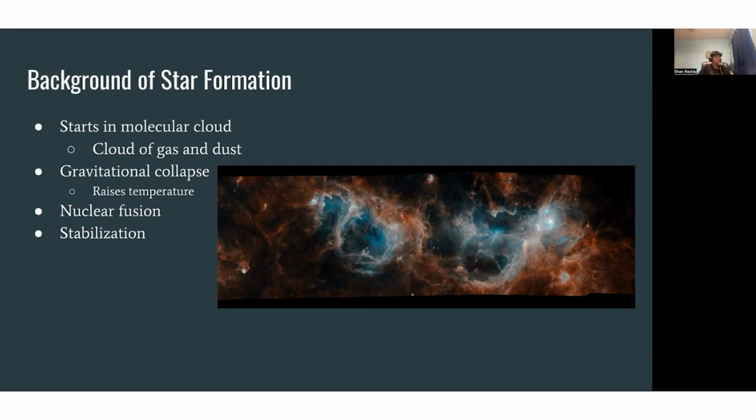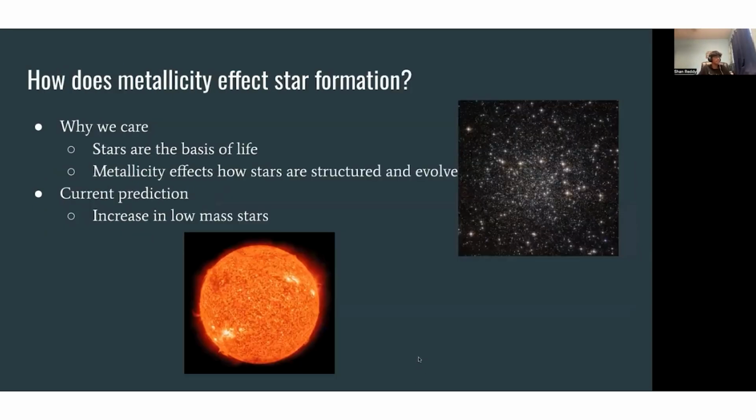In these dense regions, a protostar then forms, and when the protostar gets hot enough, it undergoes nuclear fusion. Nuclear fusion is when the protons of an atom fuse together and release a bunch of energy. This energy release can eventually balance out the force of gravity on the protostar, leading the protostar to become stable. The protostar will then remain like this for the majority of its life.